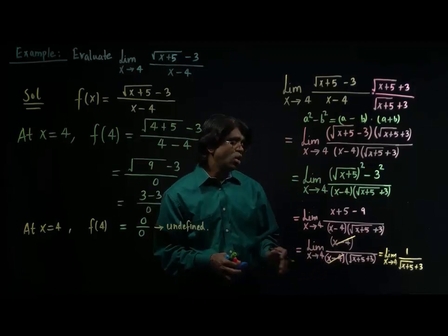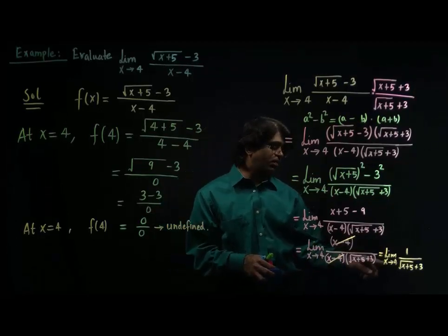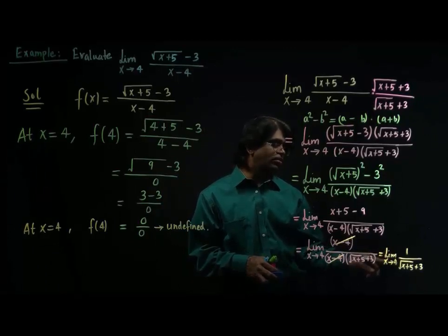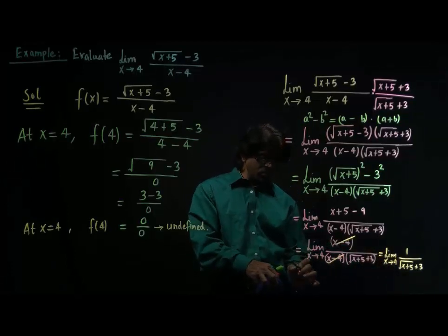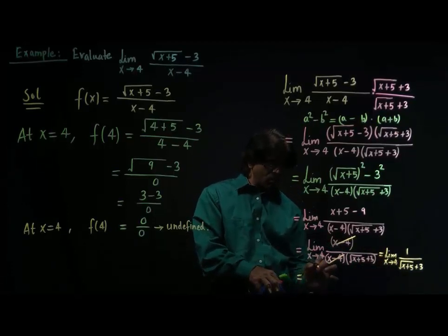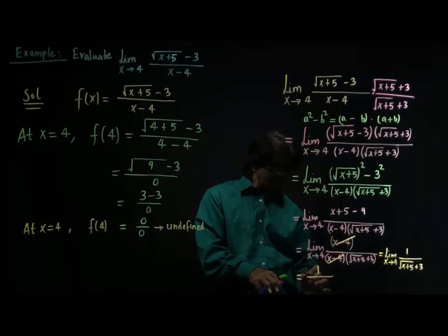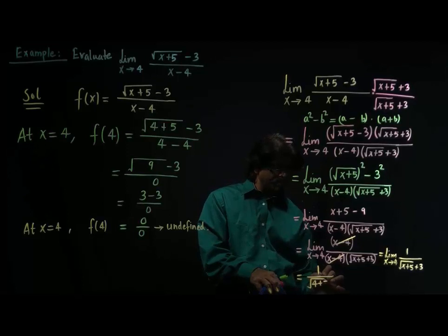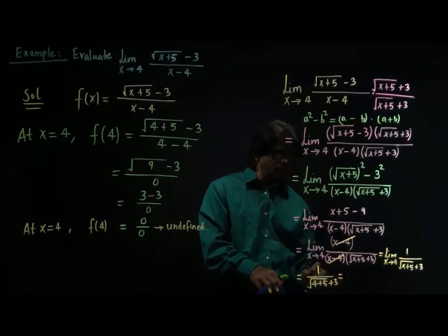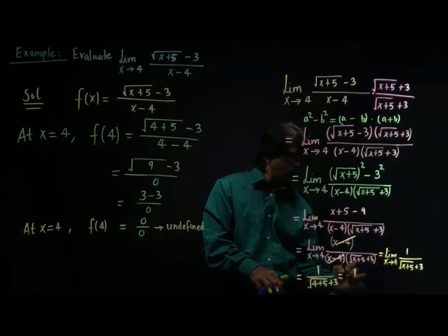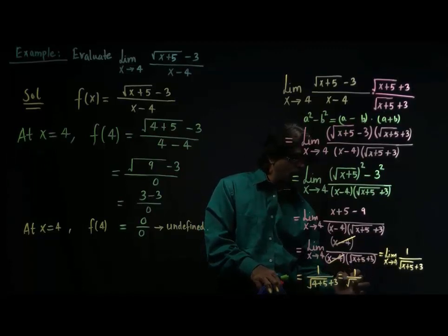Now I'm going to substitute x as 4 in this expression, so I write 1 over the square root of 4 plus 5 plus 3. We know that 4 plus 5 is 9, so I have 1 over the square root of 9 plus 3.